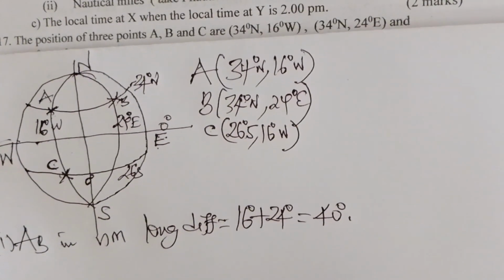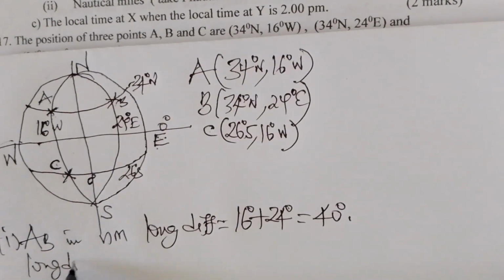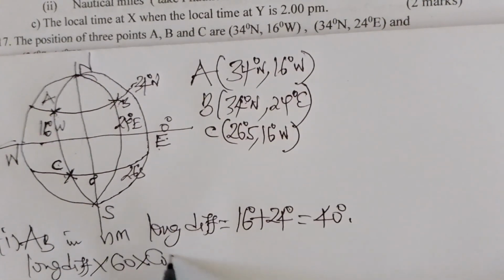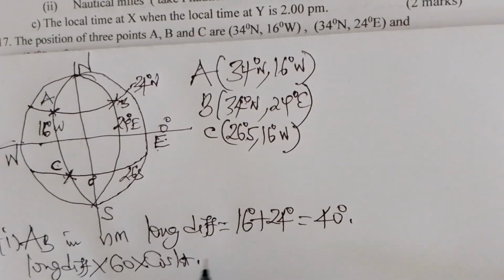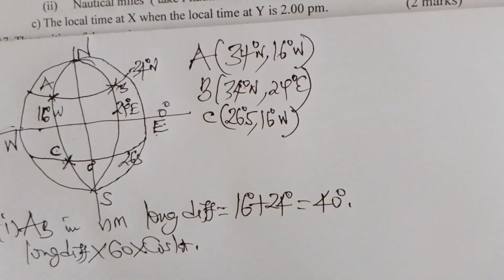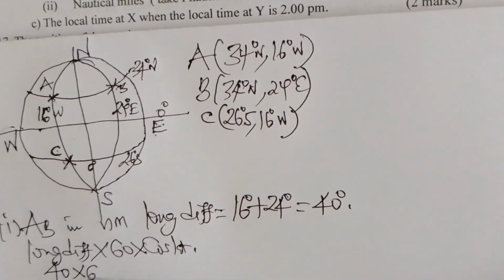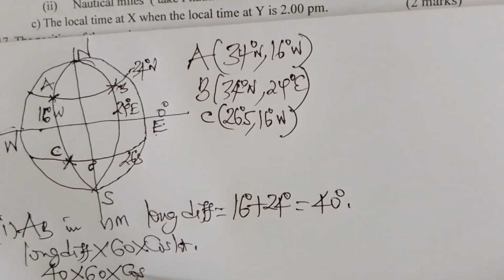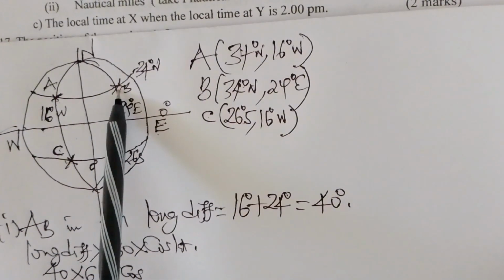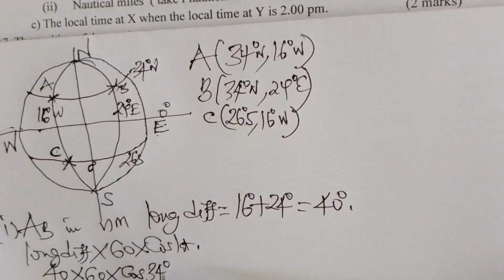And distance in nautical miles is now given by longitude difference multiplied by 60 multiplied by the cos of the latitude angle. So the longitude difference we've seen is given by 40 multiplied by 60 multiplied by cos of our latitude angle, which is 34, cos 34 degrees.